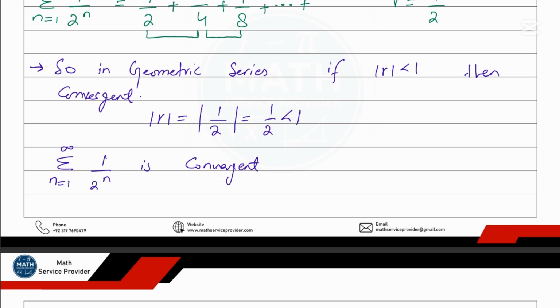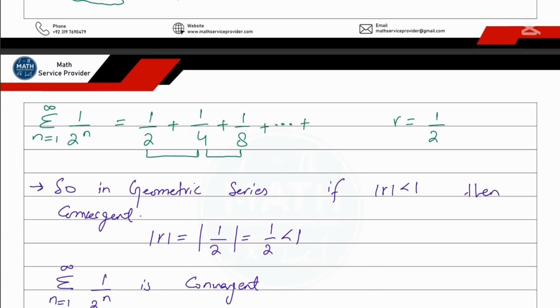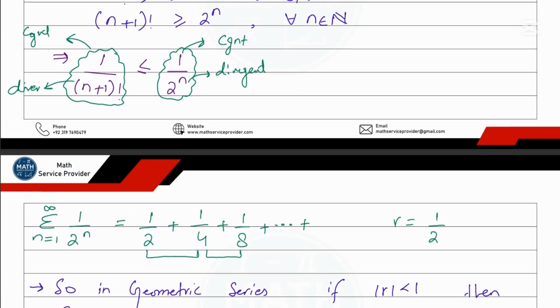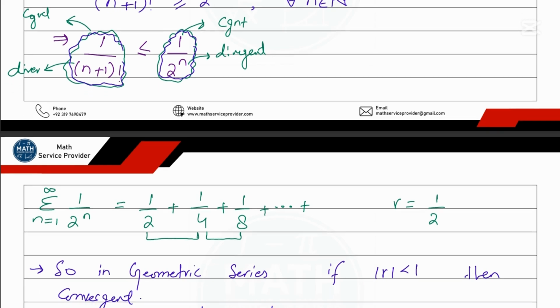So now we use this inequality, and we can say that if our upper series is convergent, then our lower series will also be convergent. So by using this result, we can say that this series, 1 upon (n plus 1) factorial, from 1 to infinity, is convergent.